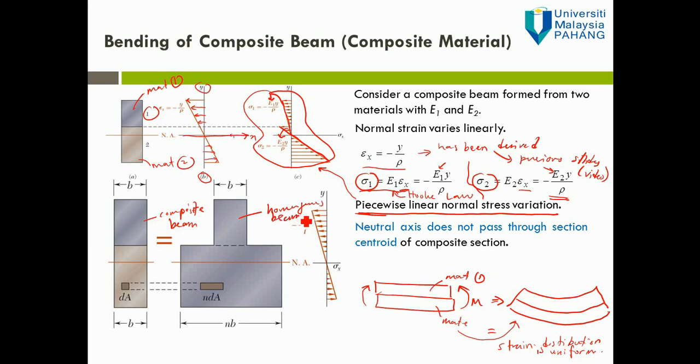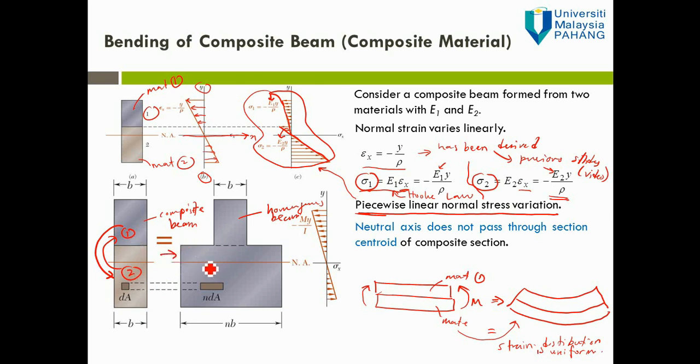So we transform material 2 into material 1, or we can also transform material 1 into material 2. But for this case, let's say we transform material 2 into material 1. So this is how the beam will look.